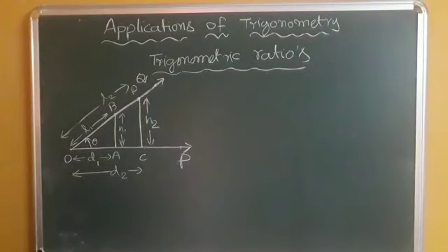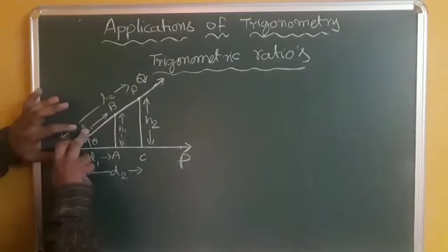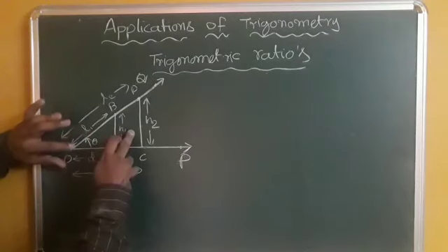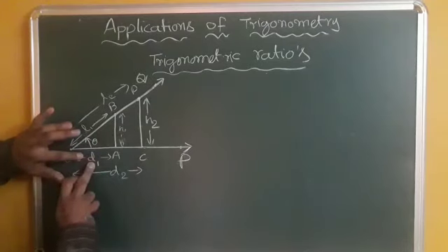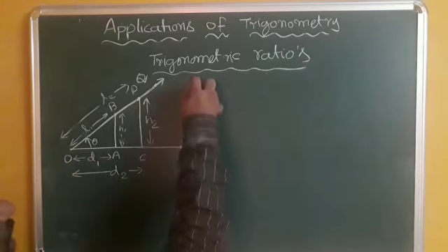Here you observe that the height is proportional to length, height is proportional to distance, and distance is proportional to length. Three cases are there in these ratios.